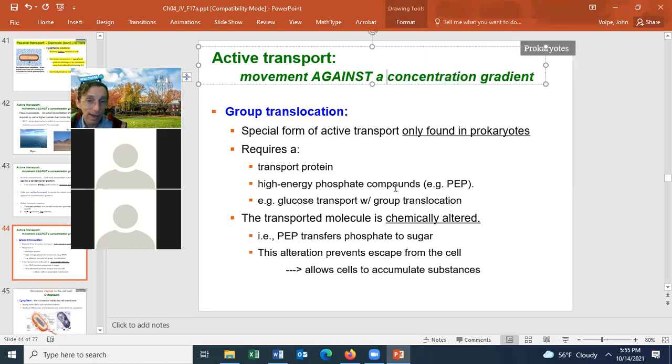But if we move it into the cell and make it glucose 6-phosphate, that would be easier to do because there's glucose outside the cell at 10 and 100 inside the cell. And we move it now into the cell and transfer it and make it glucose 6-phosphate. We now have 100 glucose molecules inside the cell and 1 glucose 6-phosphate. You see why that is easier for the cell to move it into the cell.